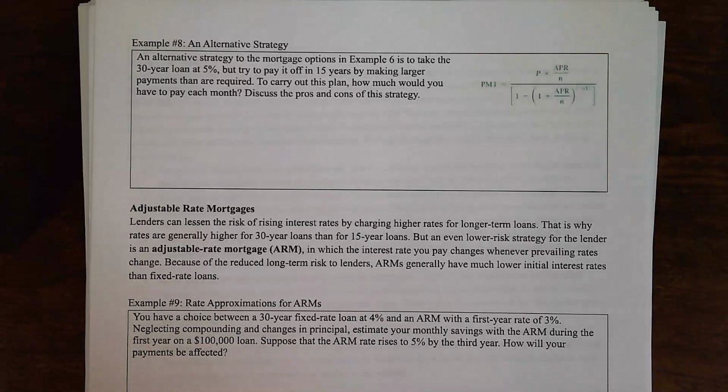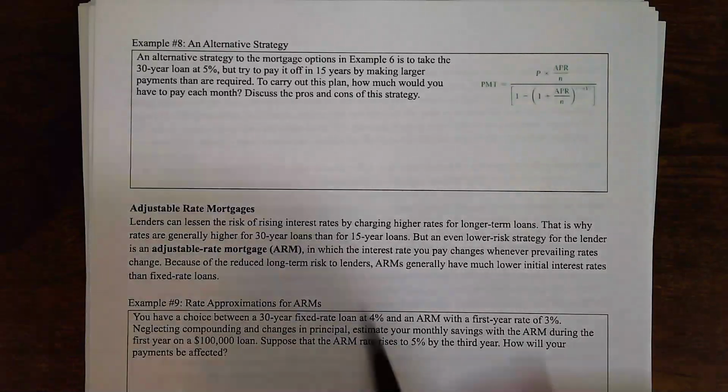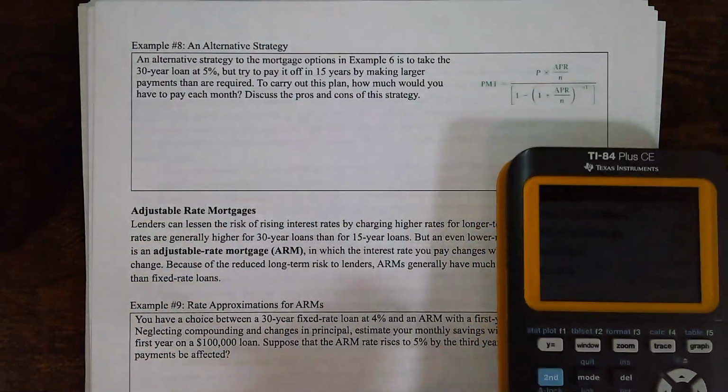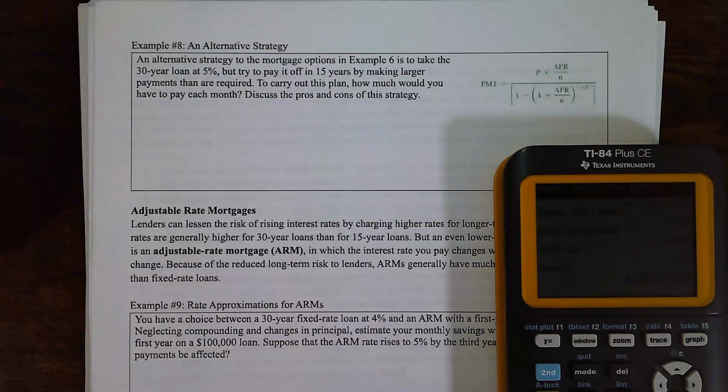So what you're wanting to do here is we're going to keep this 5% loan, but we're going to set the years at 15. And so that would allow us to try to pay it off quicker. The quicker you pay it off, the less interest you have.